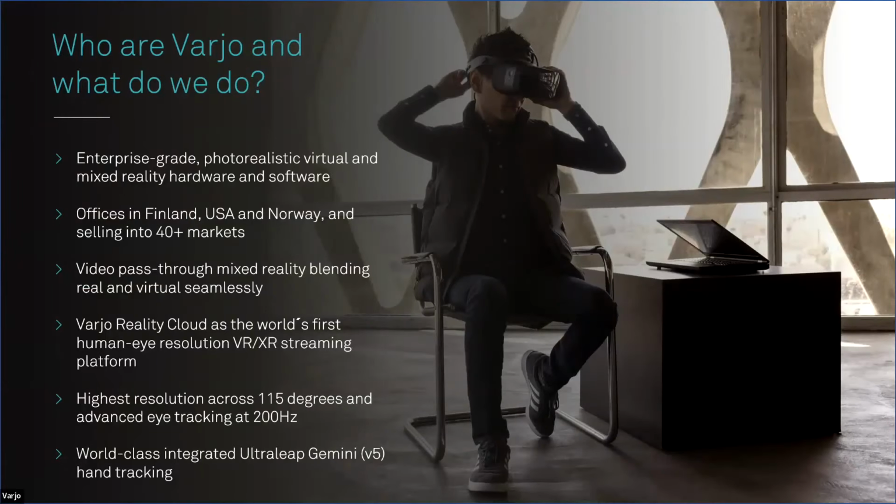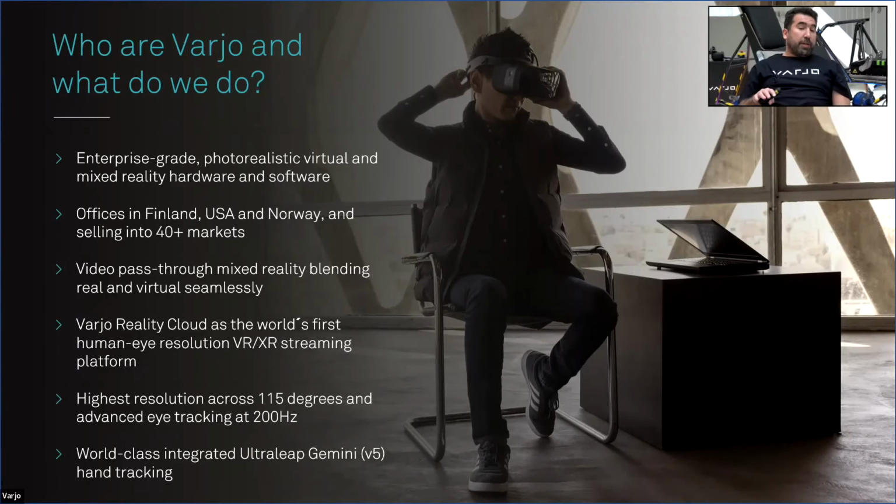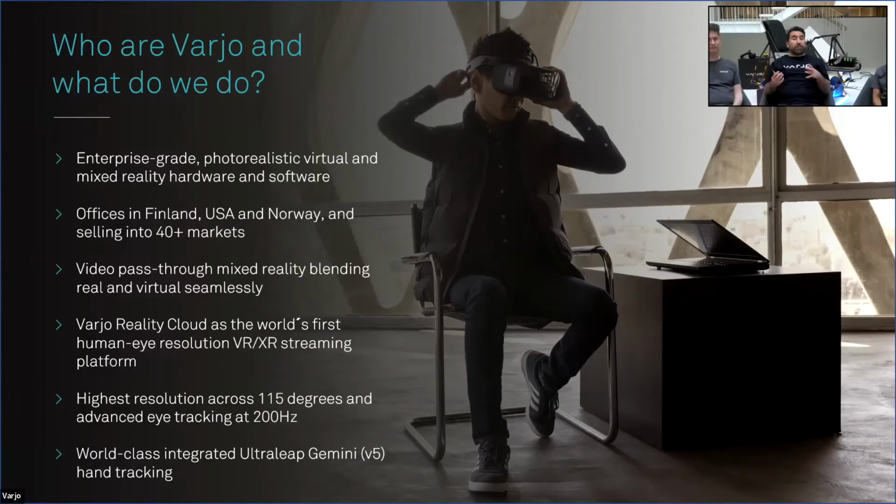Before we start, let me quickly give you a brief intro about Varjo. Varjo creates enterprise-grade photorealistic virtual and mixed reality hardware and software. We have offices in Finland, USA, and Norway, and are setting up in more than 40 markets in the world. As a unique feature, we have video pass-through mixed reality, blending real and virtual seamlessly.